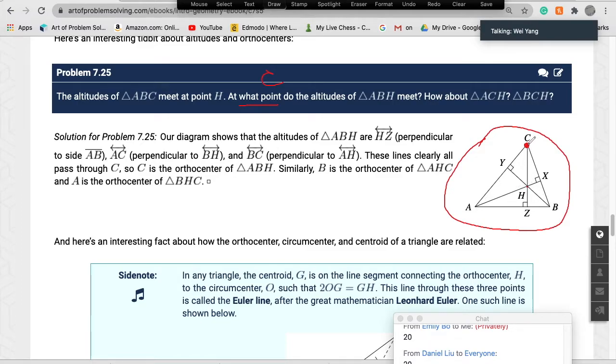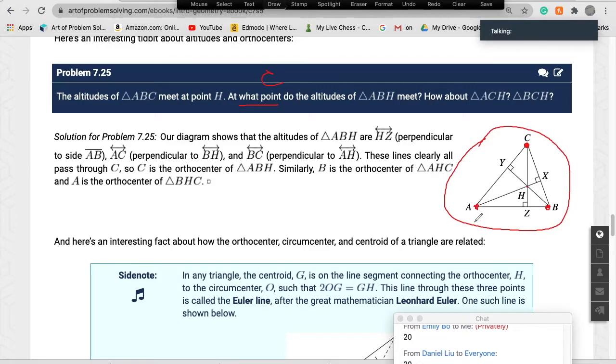Then you extend it, they also will intersect at point C. So they meet at C. Now let's see, how about ACH? ACH, they will meet at B, right? Then for BCH, they will meet at A.